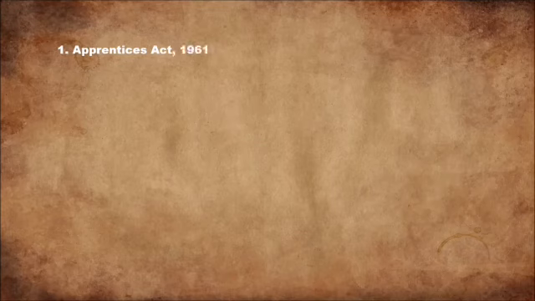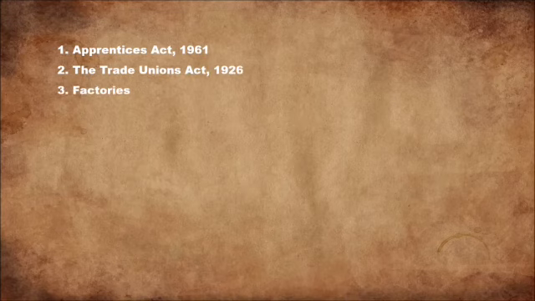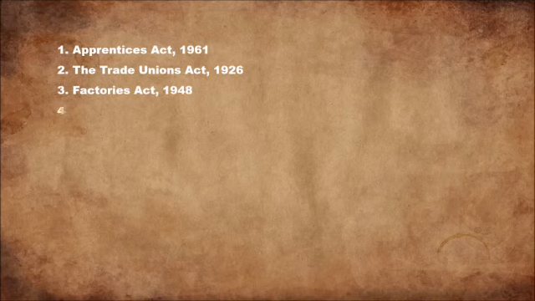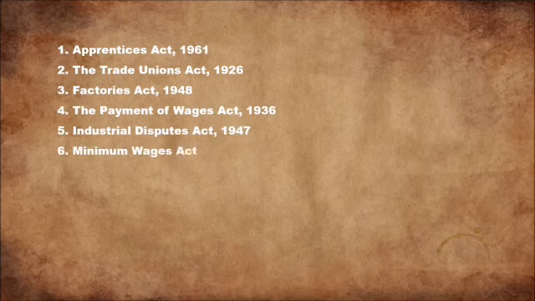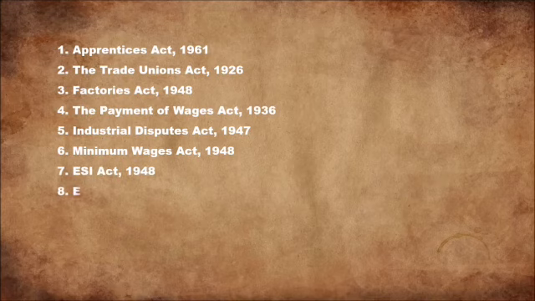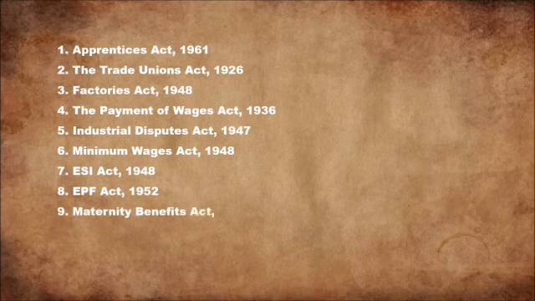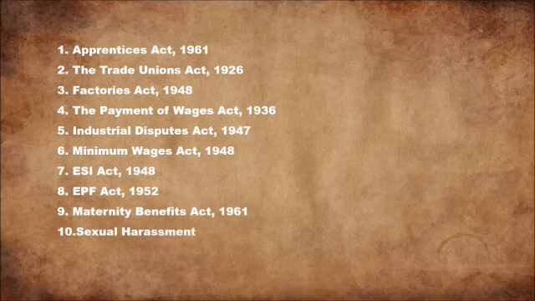So let's see the list of major labor law acts in India: Apprentice Act 1961, the Trade Unions Act 1926, Factories Act 1948, the Payment of Wages Act 1936, Industrial Disputes Act 1947, Minimum Wages Act 1948, ESI Act 1948, EPFO Act 1952, Maternity Benefits Act 1961, and Sexual Harassment of Women Employees at Workplace Act 2013.